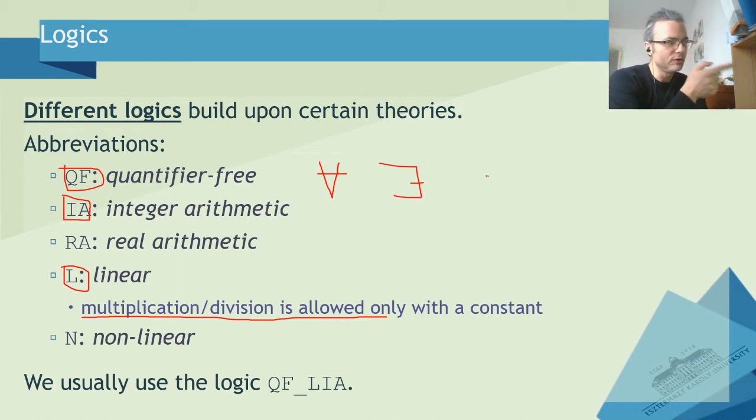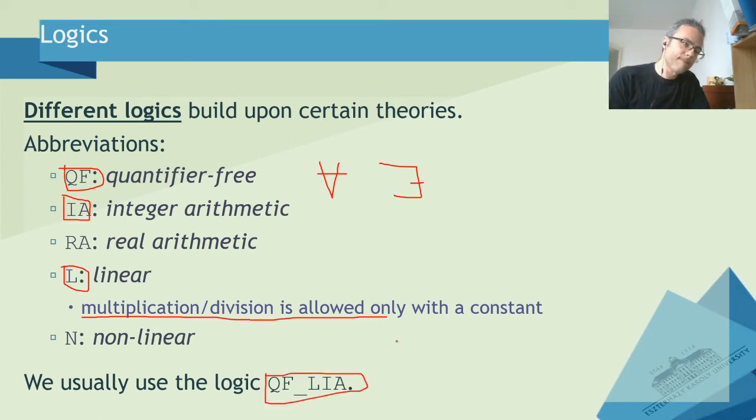You already know them, but we don't use them in our formulas. Quantifier free means basically that we use propositional logic only, without quantifiers, and it's easier to solve something in quantifier-free logic. So this is why I use this logic.